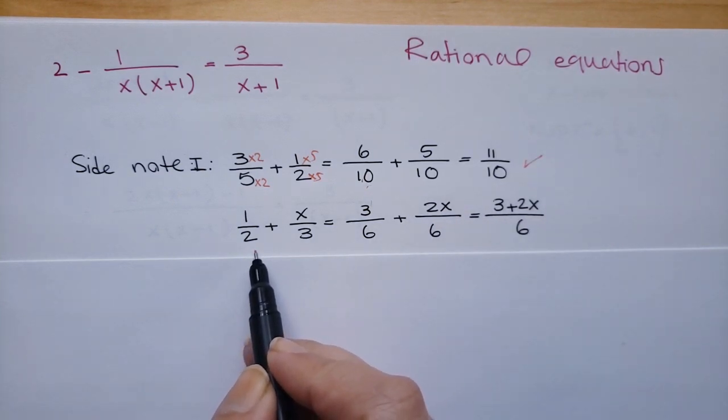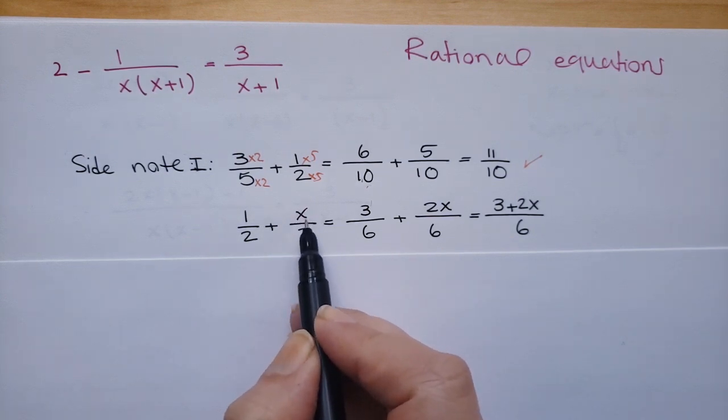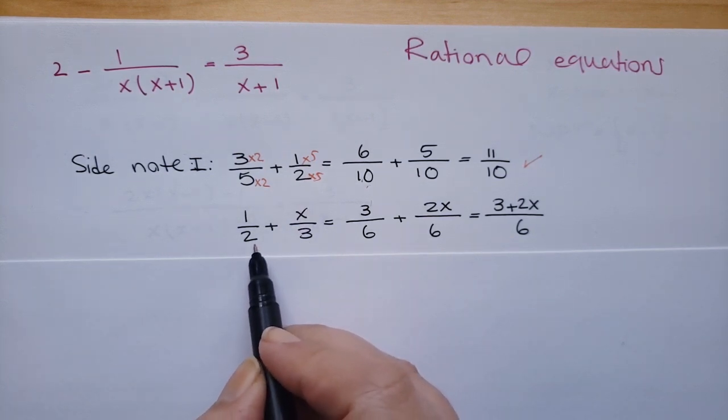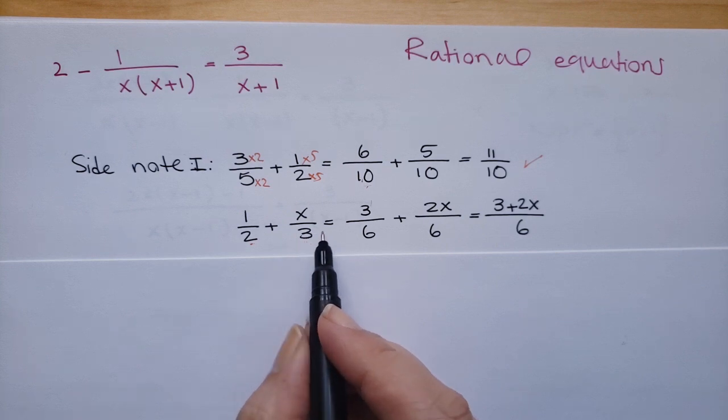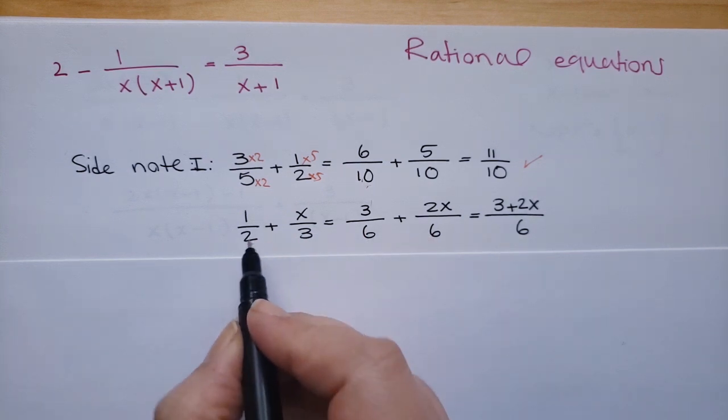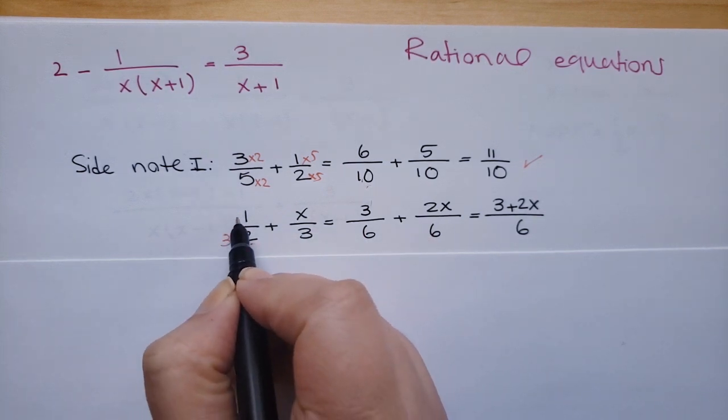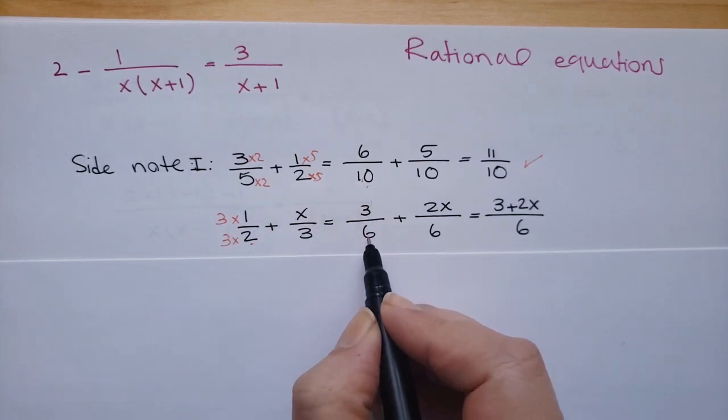Let's continue the common denominator topic with letters instead of numbers. Here, the first fraction has denominator 2, the second one has 3, so I'll use 6 as the common denominator. This one is multiplied by 3, so that would be 3 over 6.